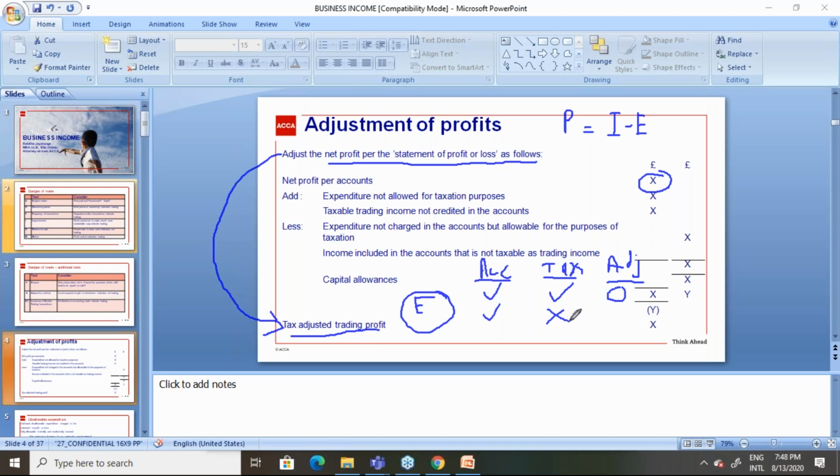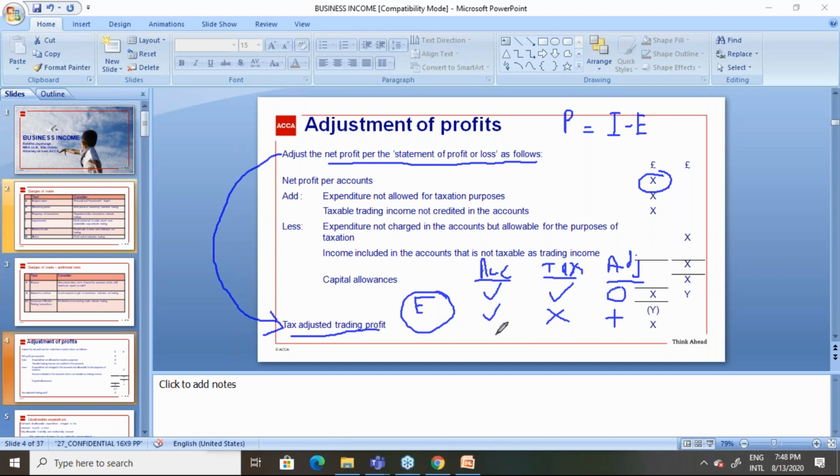In that case, you need to adjust it. How can you adjust it? This was deductible when calculating the accounting profit, but not deductible under taxation. Therefore, you have to reverse the deduction that you have made previously. To reverse something that you have deducted, you have to do the opposite. That is, you need to add it back.